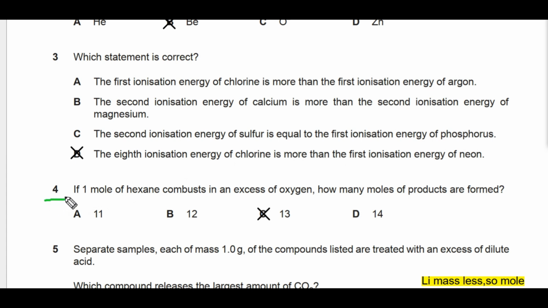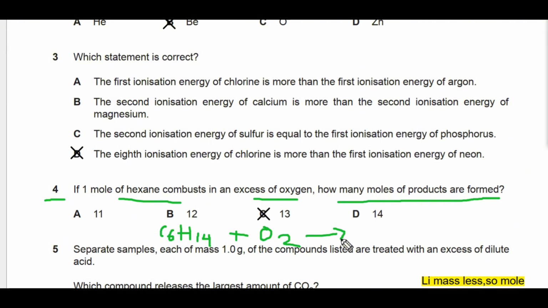Now number 4, if 1 mole of hexane combusts in excess oxygen, how many moles of products are formed? You see, hexane is C6H14. If you react it with oxygen, it forms carbon dioxide plus water.